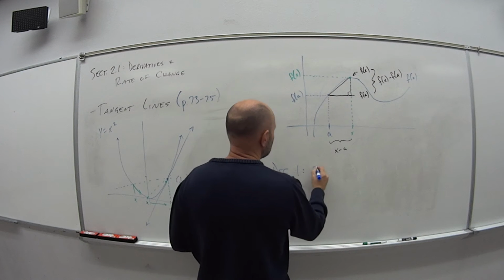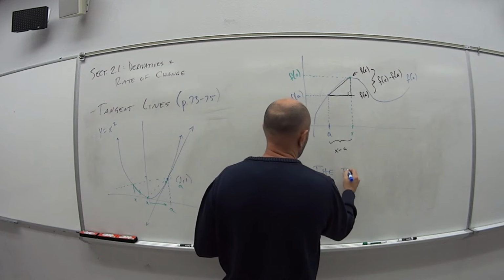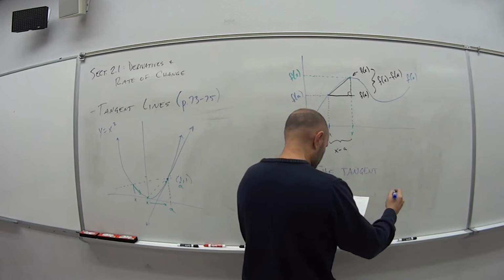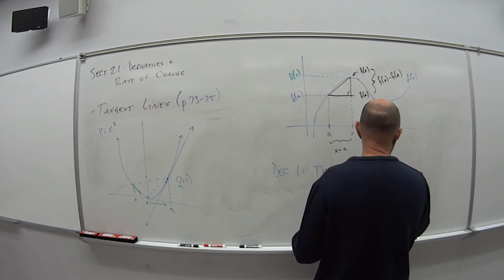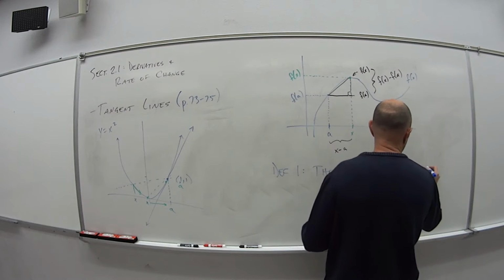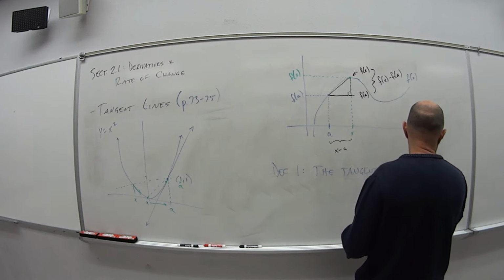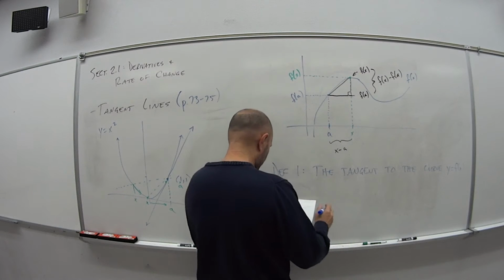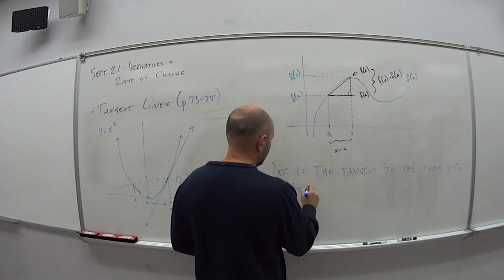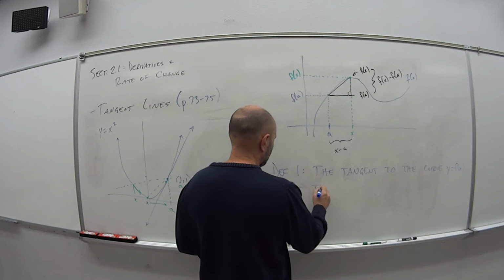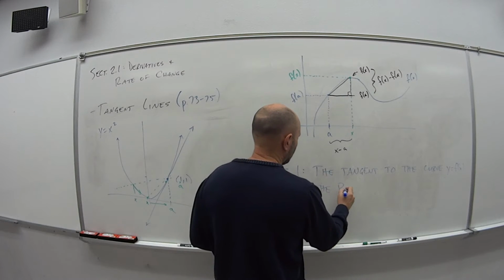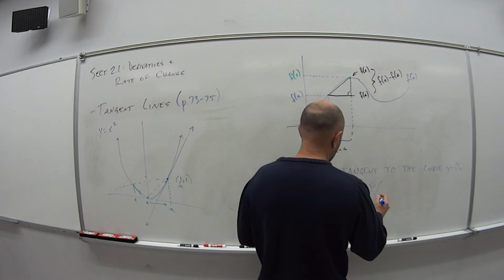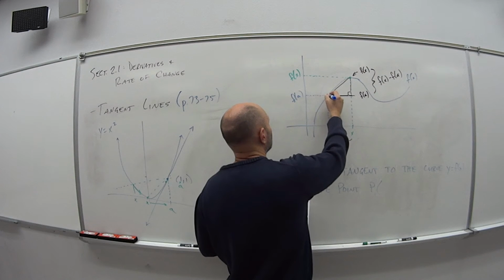Definition 1 says that the tangent line to the curve y equals f of x at the point P, which has values, so we're calling P this guy here.